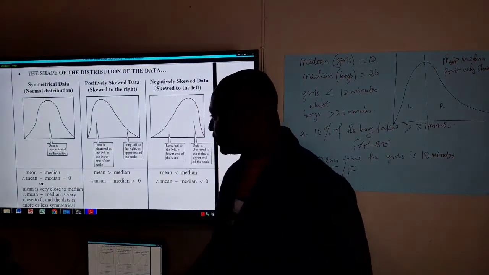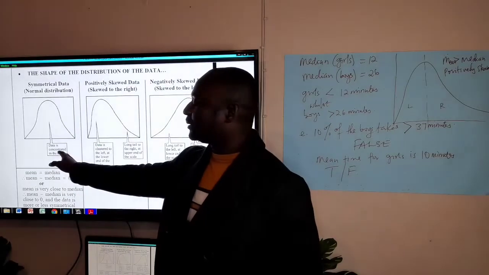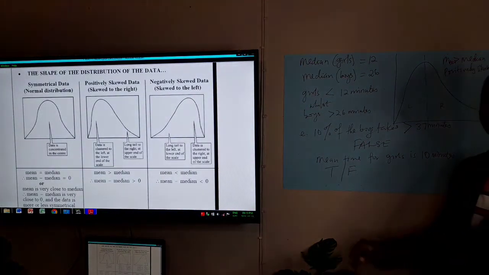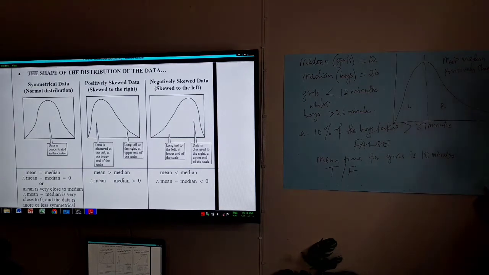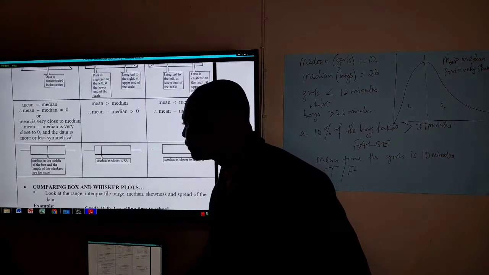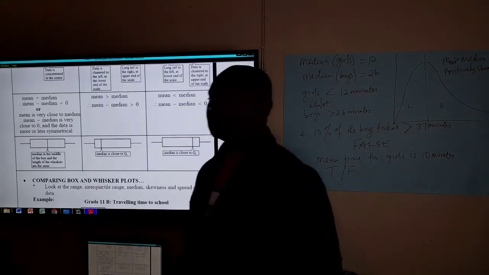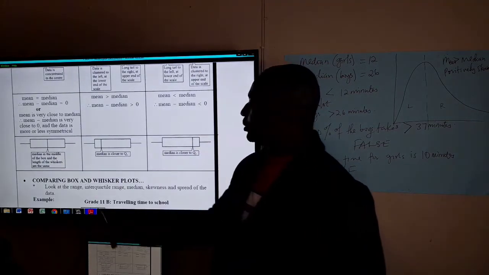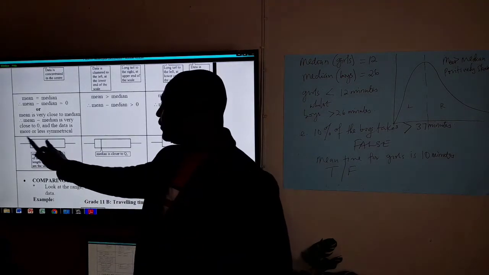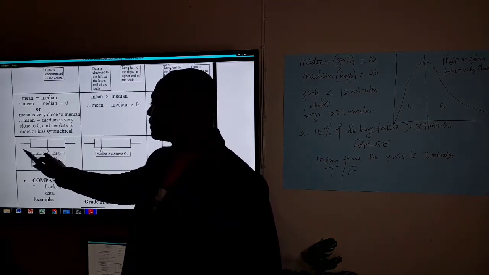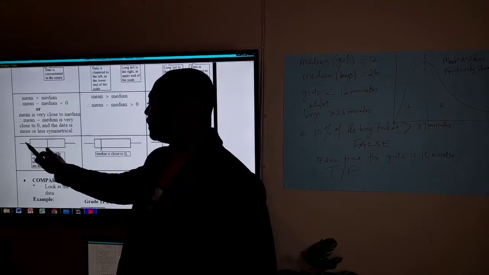Now if the data is concentrated in the center, let me take you to this diagram here. Let's say you draw a box and whisker diagram and you got this. You can see the box has been divided into two, and it is separated with the median in the middle.